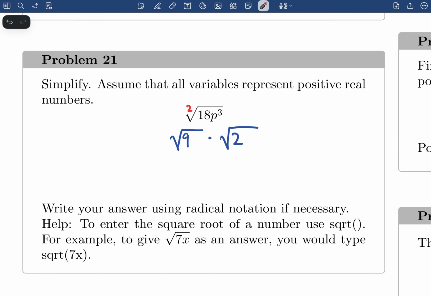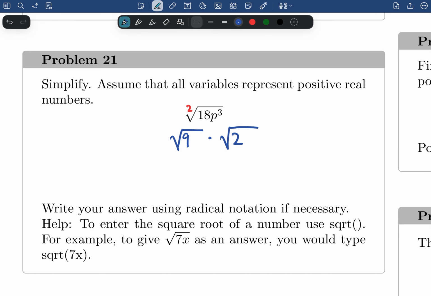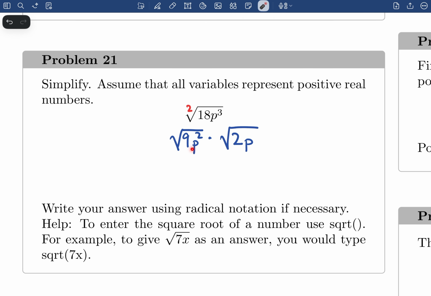Now let's think about p cubed. So I need a perfect square, and perfect squares have the value of the index or a multiple of the index. So p cubed is not a power of 2, like a multiple of 2, we should say. And so I'm going to take p cubed, and I'm going to separate it into p squared and p. So p squared is a perfect square.